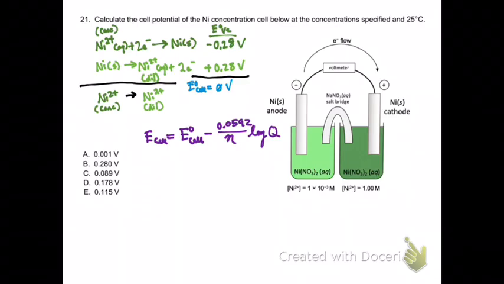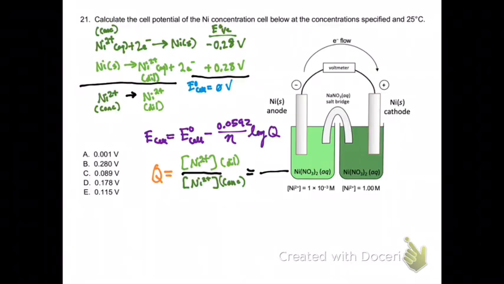Actually, first let's solve for Q. Our Q is equal to the dilute nickel 2 plus over the concentrated nickel 2 plus. Our dilute is 1 times 10 to the negative third, so 0.001. And our concentrated is just 1 molar, which means our Q is just equal to 0.001.